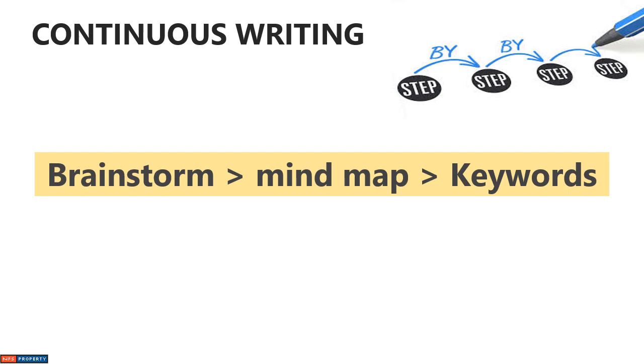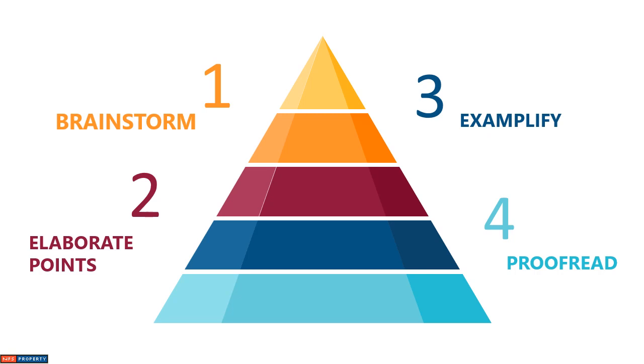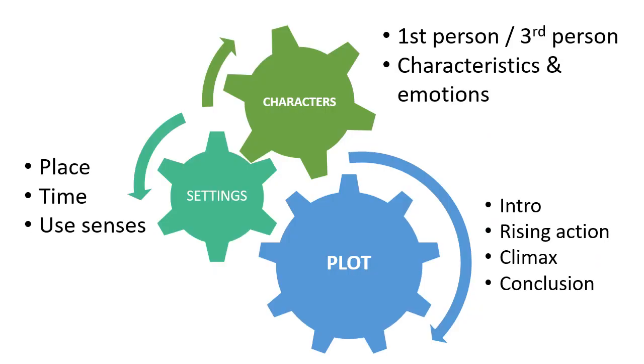Or if you're talking about a place, okay, what is the name of the place? How do you describe the place and all those things. Okay, these are the steps that I can tell you. First, you brainstorm, you elaborate your points, you give examples, and of course, last but not least, but so important, you need to recheck your essay. Okay, proofread your essay. Remember, when you are writing a story especially, these are the important things that you must remember.